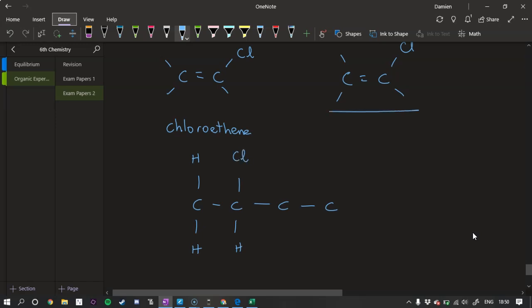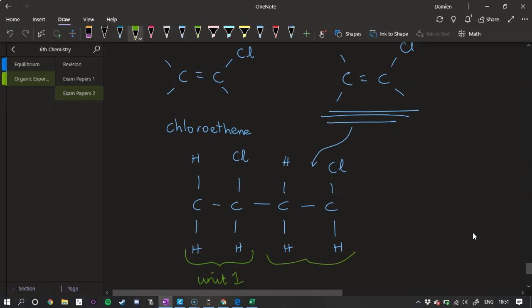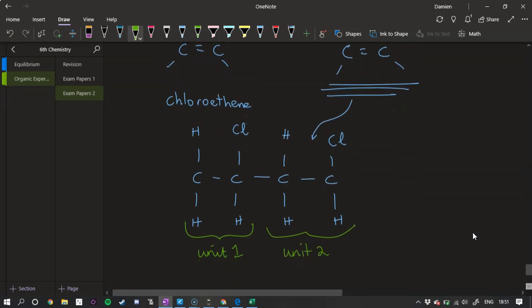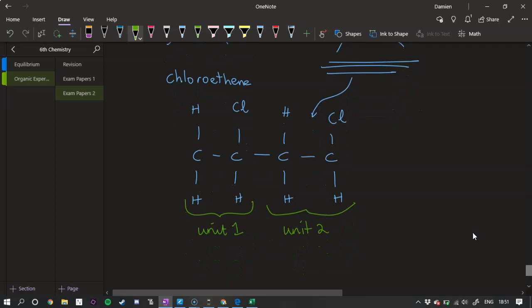And then the next molecule, which is this one here, that is, again, hydrogen here, chlorine here, hydrogen here, and hydrogen. Now that's 2 repeating units. So this here is unit 1, and then it repeats again in unit 2, and that's what you're asked to draw. And that ends the end of that question. So hopefully that explains it a little bit more clearly.